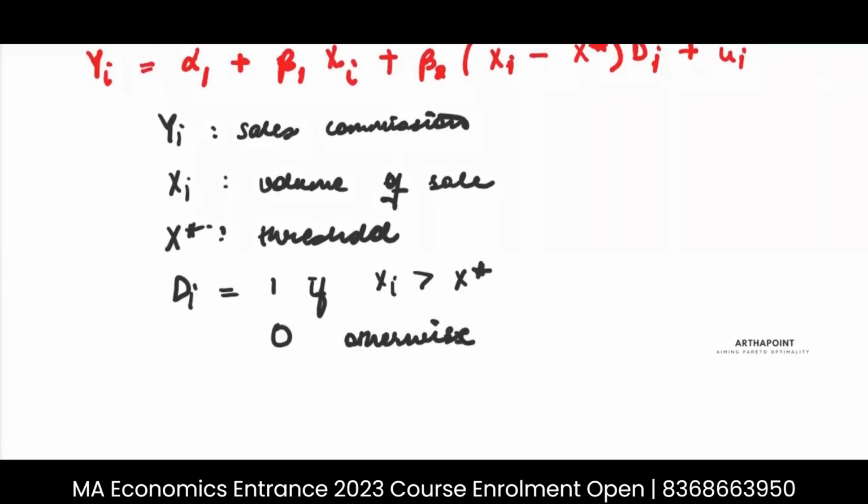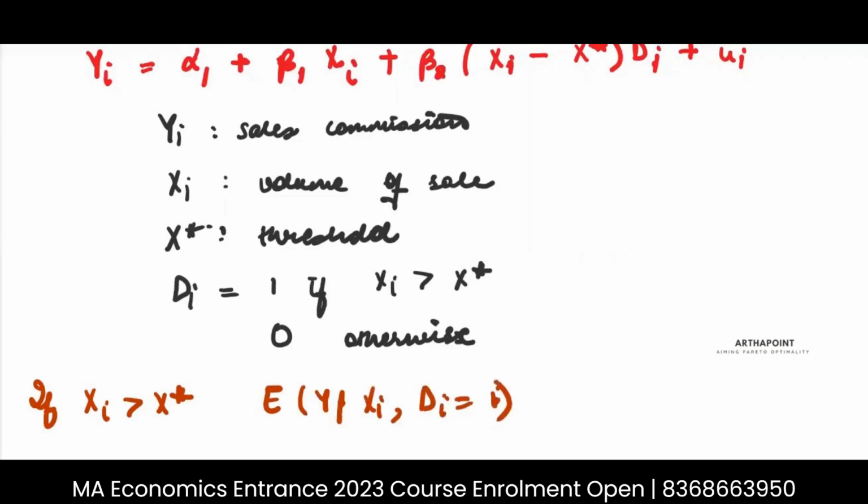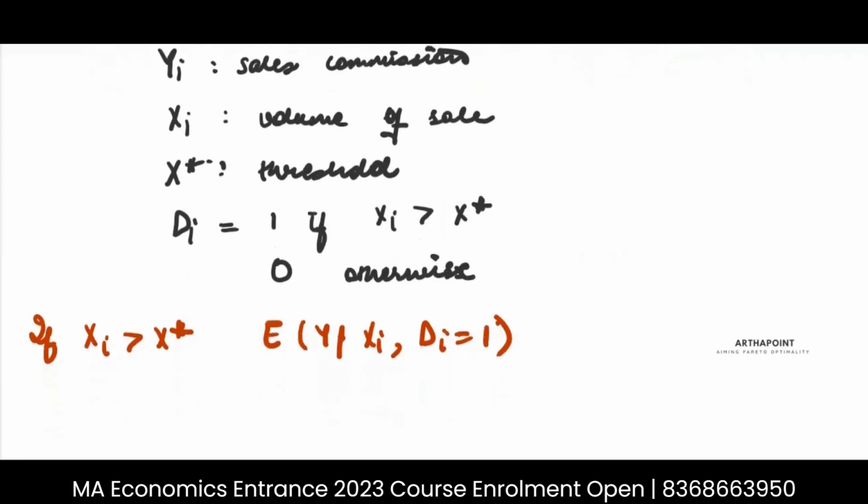See, if you make xi greater than x star, supposedly, then your E of y given xi will be, by putting di equal to 1, if your sale is more than this x star, then you will put this as 1 here. And if you put this as 1 here, what will you get?